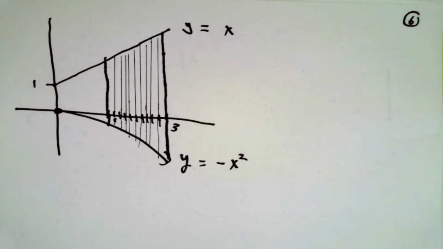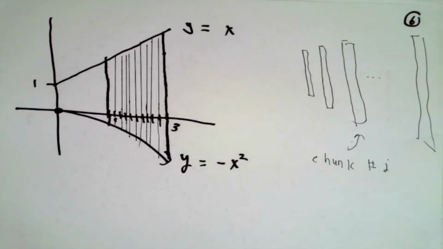We divide the x range, in this case, from 1 to 3 up into a large number of smaller subchunks, and then we're going to think about one of these subchunks. Blowing the picture up a little bit and separating the chunks, I'm going to think about chunk number j.